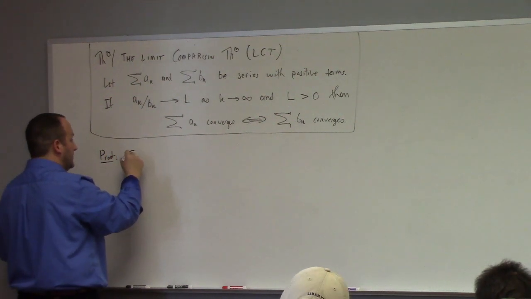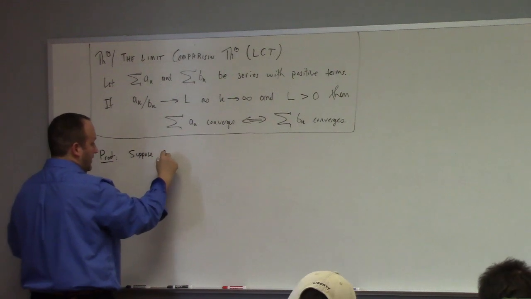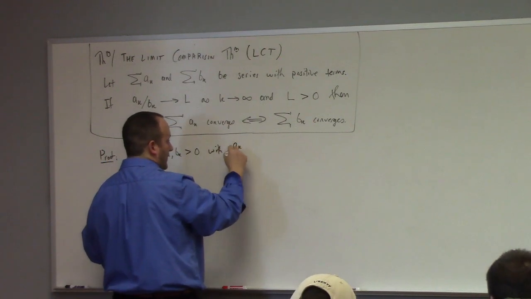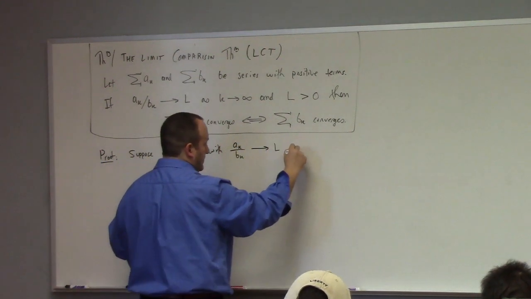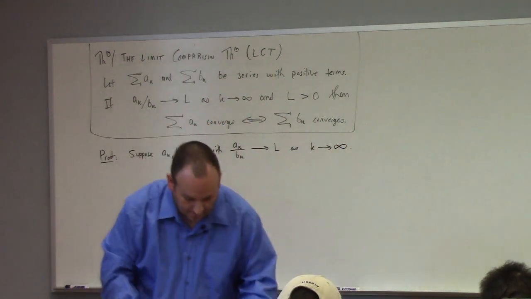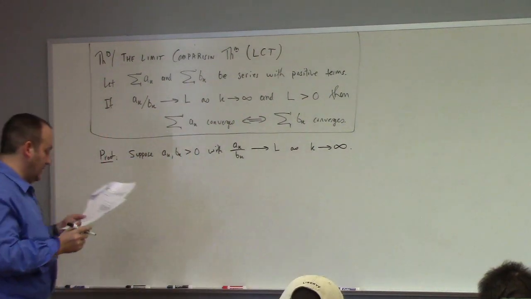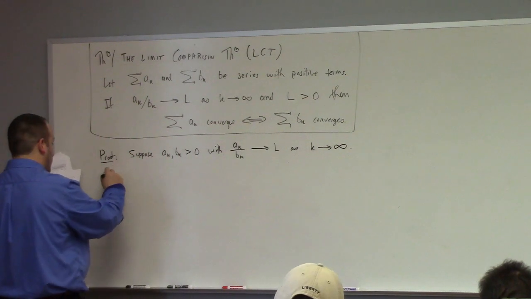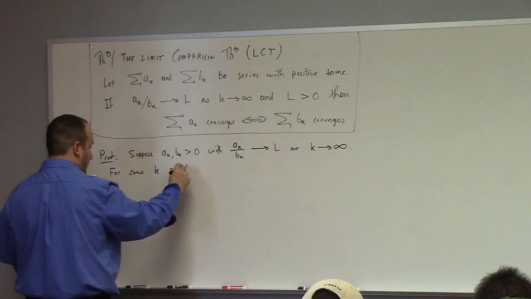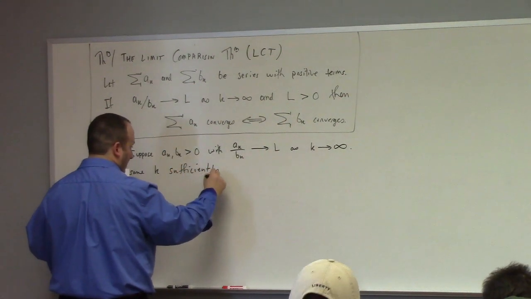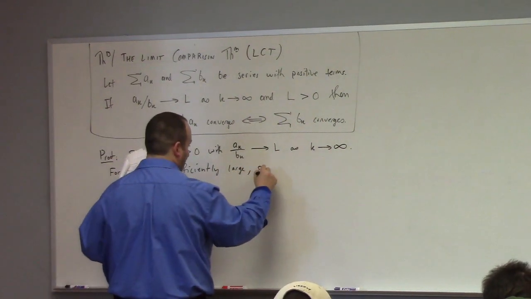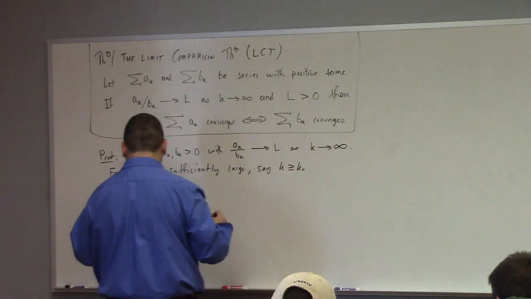So we'll suppose that AK and BK are positive, all right, with AK over BK going to L as K goes to infinity, all right? So what he says is okay, so for some K sufficiently large, say K greater than or equal to K naught, all right?